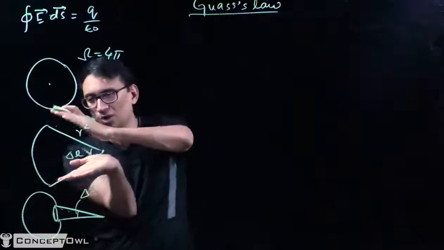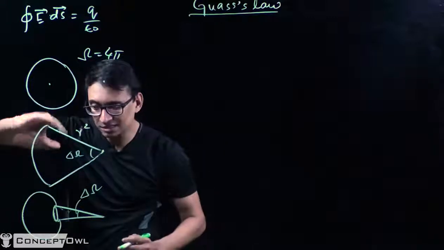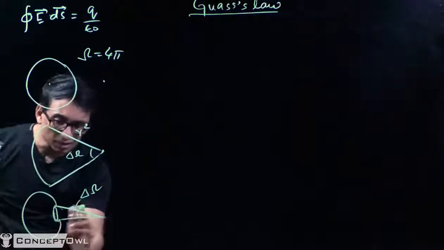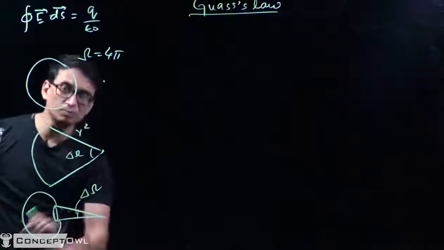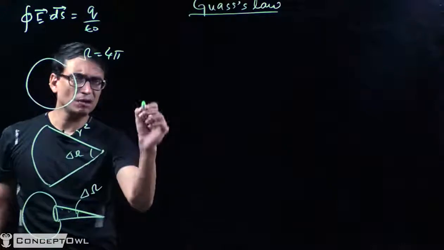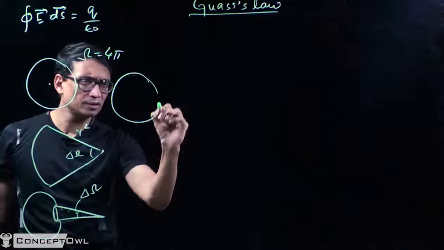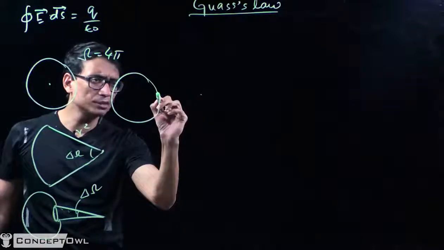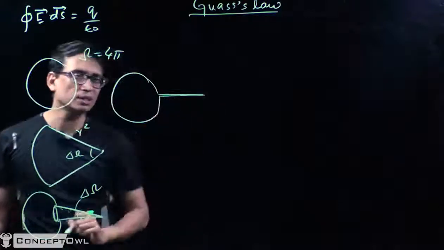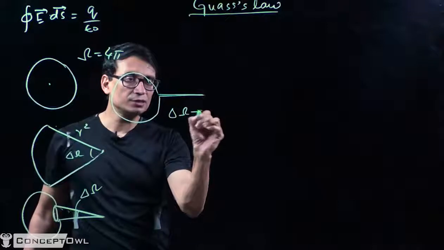So I started with a broad cone and now I'm making it thinner and thinner and thinner. The surface is not becoming smaller, but the solid angle is becoming smaller and smaller. In the extreme case, let us say I have shrunk it to a point where the two lines are now coming together. Now my delta omega tends to 0.